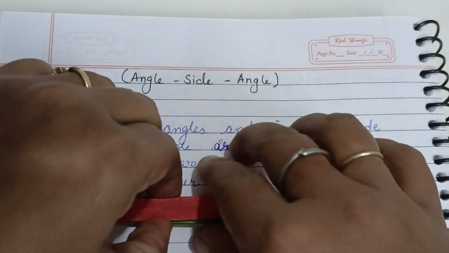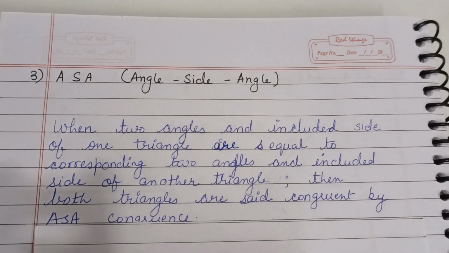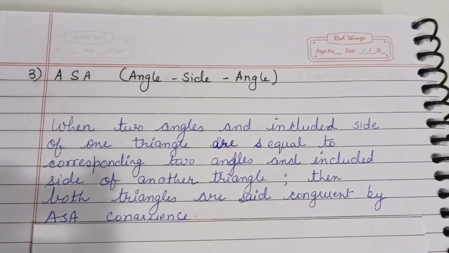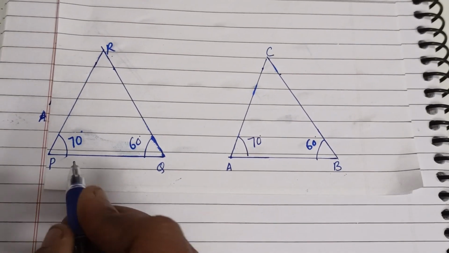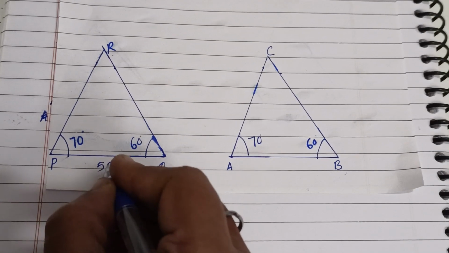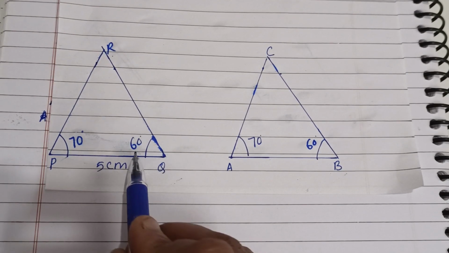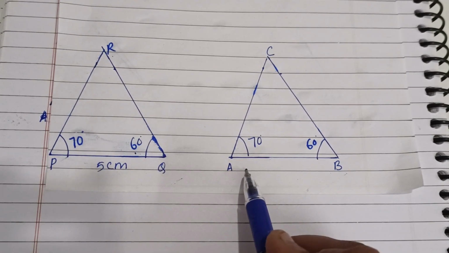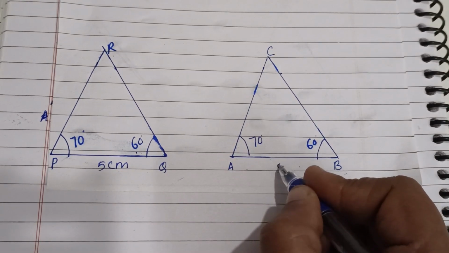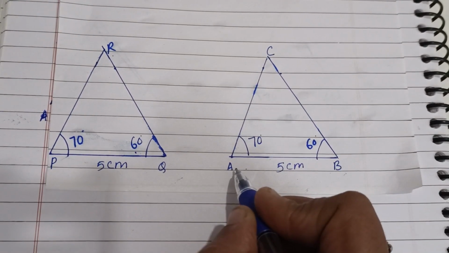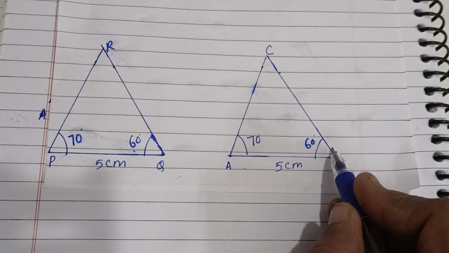Now I can show you by the activity also. I can take one triangle PQR. Here we can say that PQ is 5 centimeter, and at P the angle is 70 degree, at Q the angle is 60 degree. Similarly, there is another triangle ABC, where AB equals 5 centimeter, angle A is 70 degree and angle B is 60 degree.